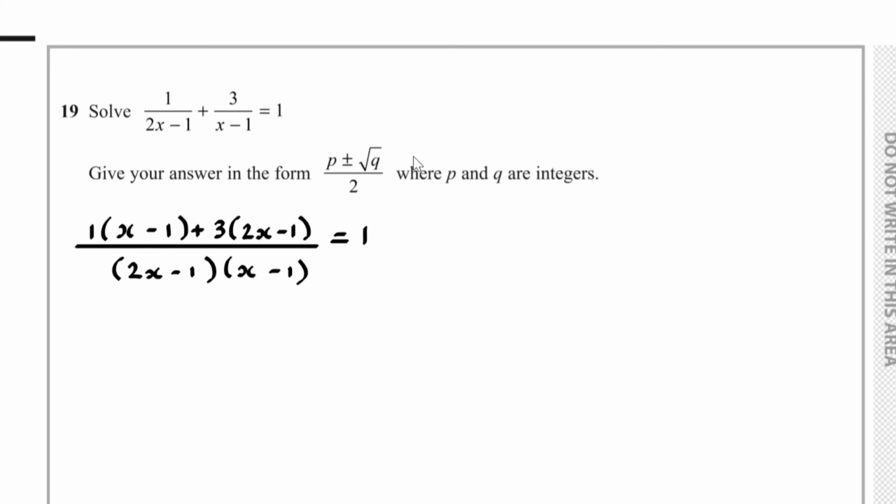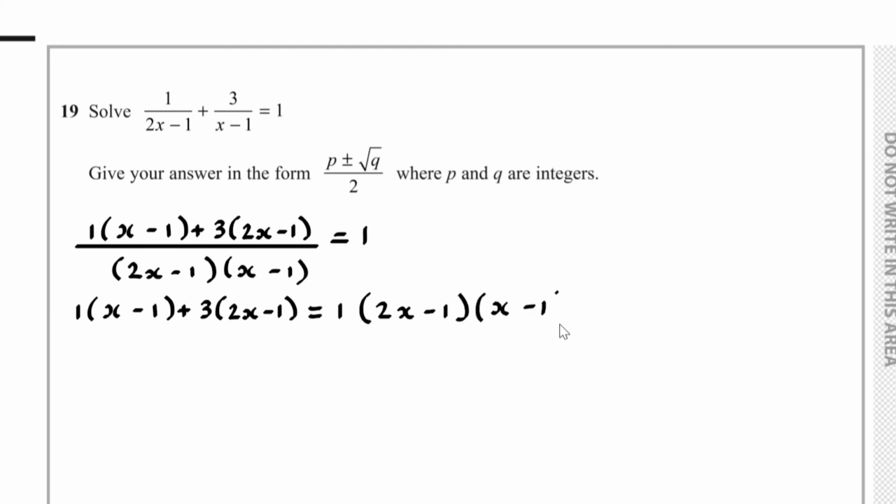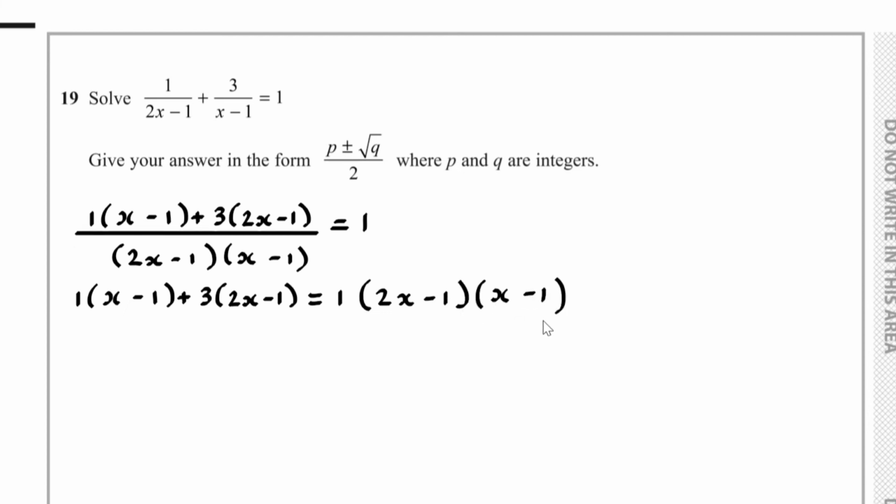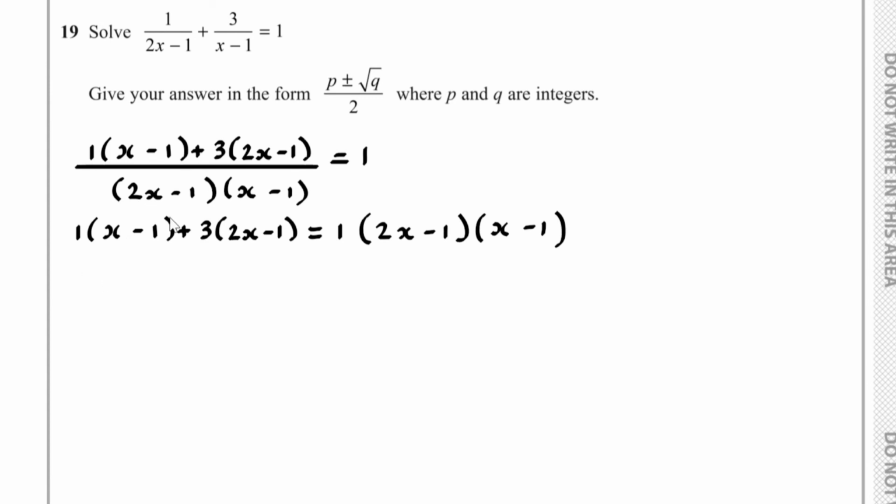So, on the left hand side, we still have this 1 multiplied by x minus 1 plus 3 lots of 2x minus 1, and that will equal 1 multiplied by 2x minus 1 multiplied by x minus 1. So let's expand and simplify. I have x minus 1 plus 3 times 2x minus 3.